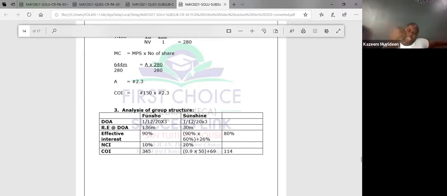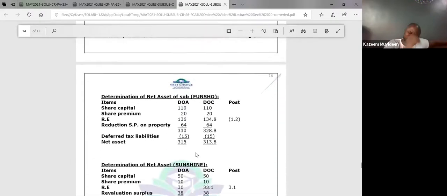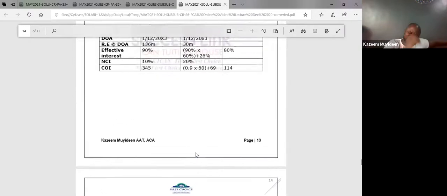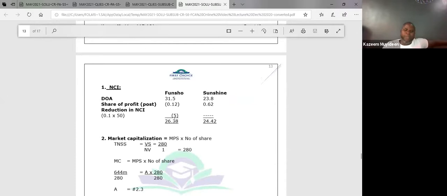It cannot be at 100% because I used 90% to account for everything, to take my profit, to calculate the goodwill, to do everything. So the remaining percentage must be used to reduce the NCI by 10%. That is it. When you have done that, that is the end of the question.